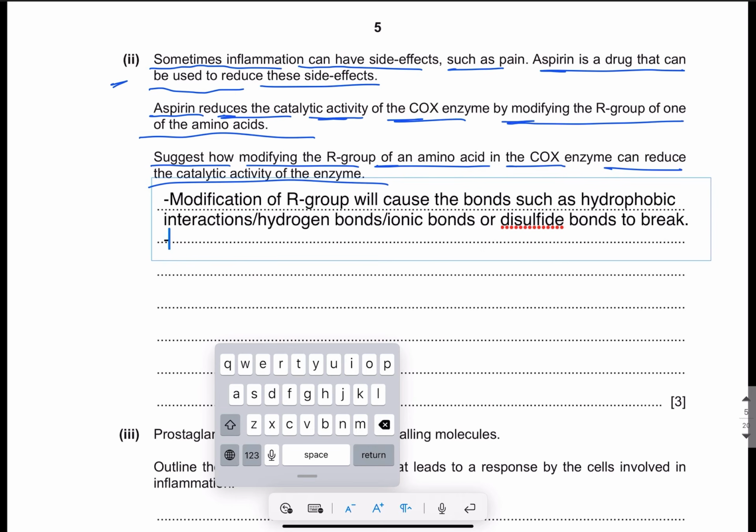We can also mention that modification of R group will cause the bonds such as hydrophobic interactions, hydrogen bonds, ionic bonds, or disulfide bonds holding up the tertiary structure to break or change.